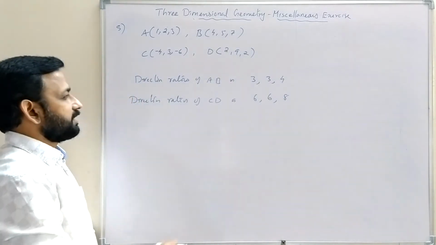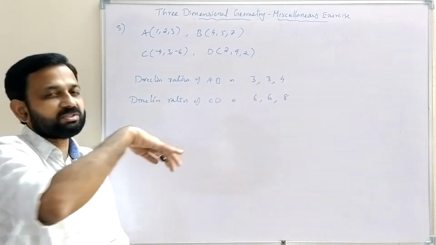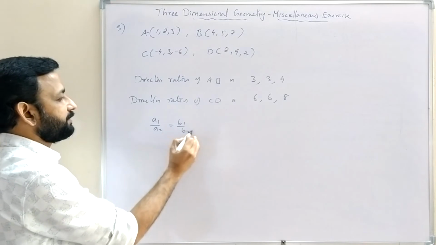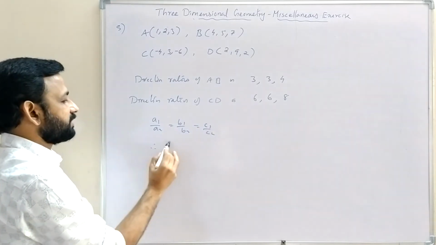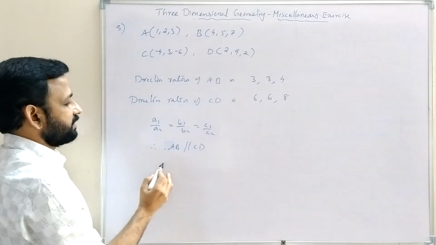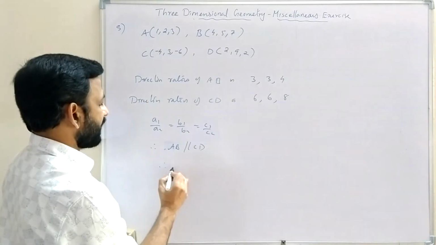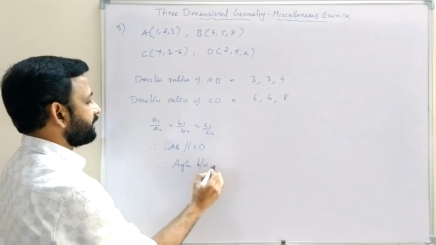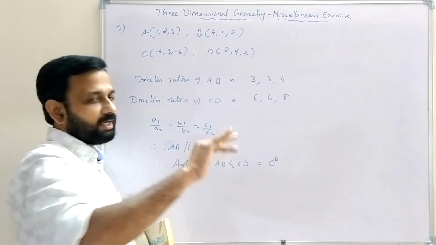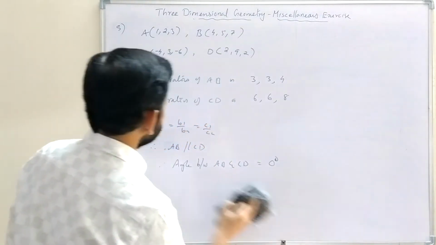These direction ratios 3, 3, 4 and 6, 6, 8 are proportional. So a1 by a2 equal to b1 by b2 equal to c1 by c2. Therefore AB is parallel to CD, so the angle between AB and CD is 0 degrees, because they are parallel to each other. So that is question number 5.